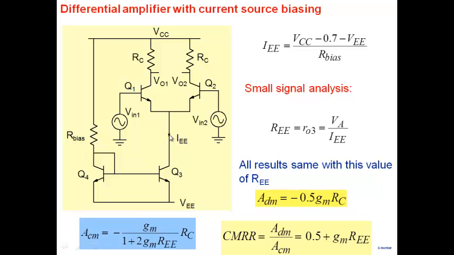RE is when you look into the collector and you see only R0. Now you want even higher value of R0. Higher values of the resistance when you look into the collector here. What can you do? When you look down, you want to see a very large resistor. How do you increase that value?